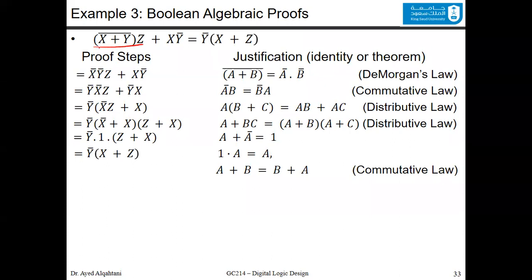We applied the De Morgan law in this. It will be X bar ANDed with Y bar. So we applied De Morgan law on this side here, and then ANDed with Z. And we have OR X ANDed with Y bar.